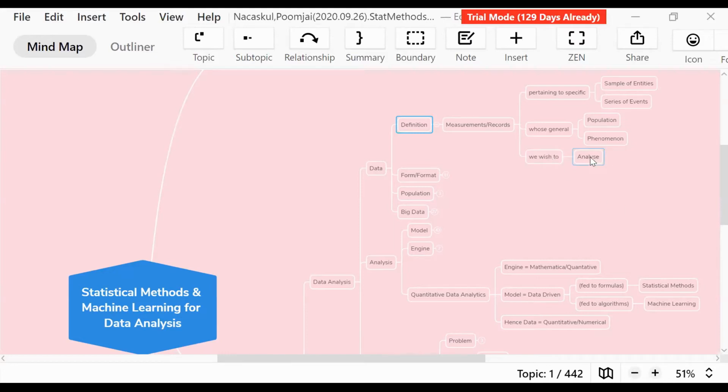The objective is to analyze the population, but before you do, you have to get sample entities from that population. Then you make the measurement, and that becomes your data.